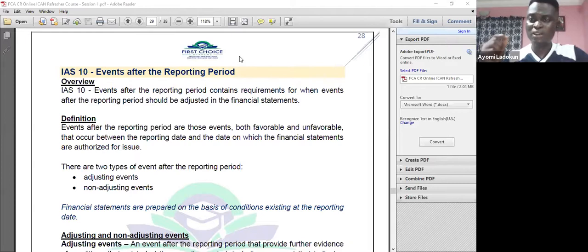Then we have what we call the authorization date. Authorization date is the date at which financial statements are authorized for issue.